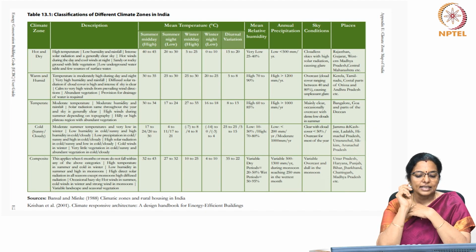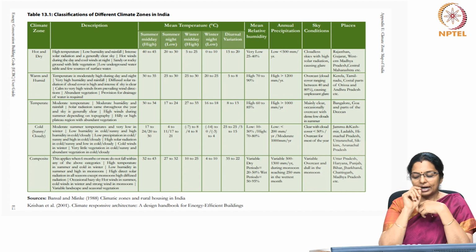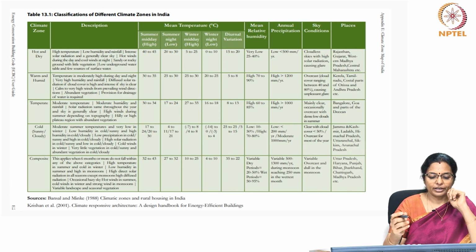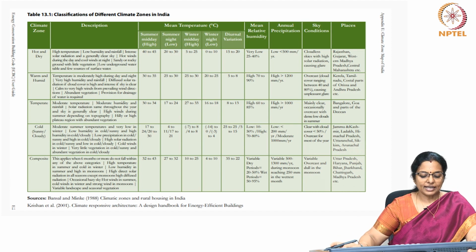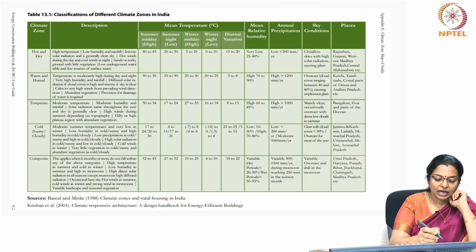Here, let us see the classifications of different climate zones of India. Hot and dry. When the climate zone is hot and dry, it is marked by high temperature, low humidity and rainfall, intense solar radiation, and a generally clear sky.